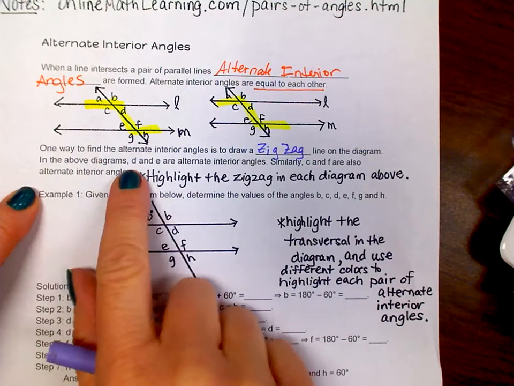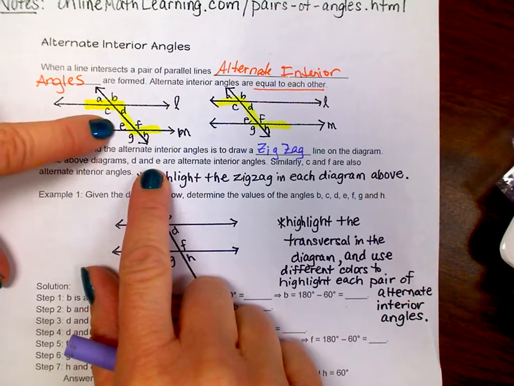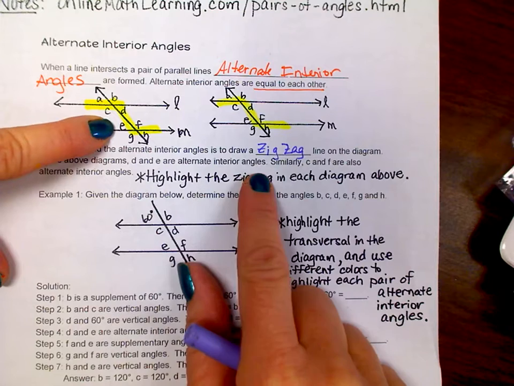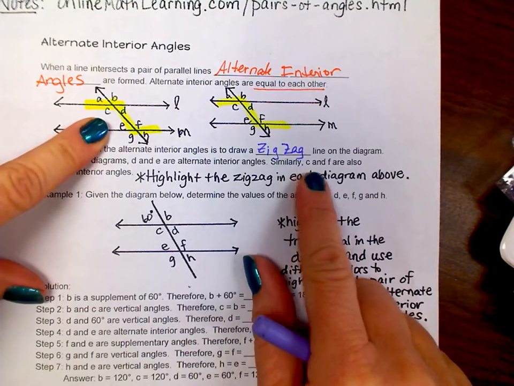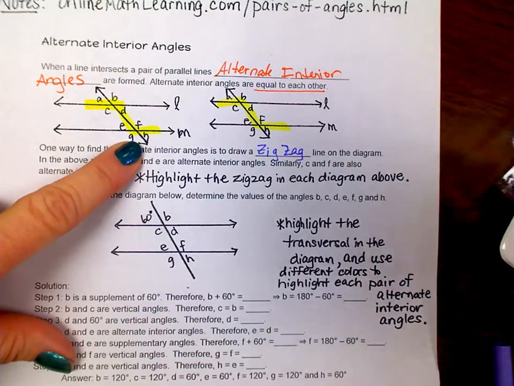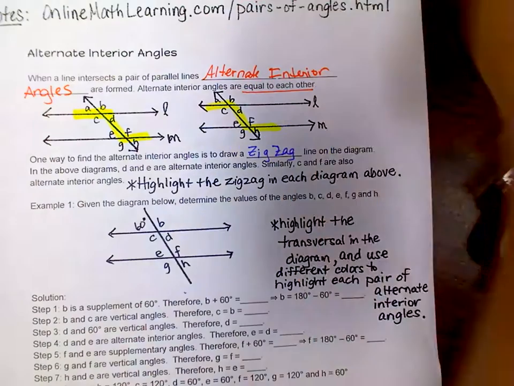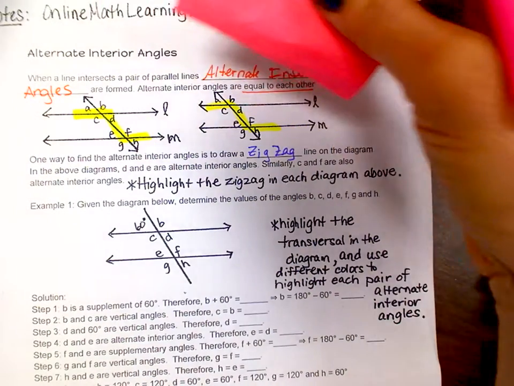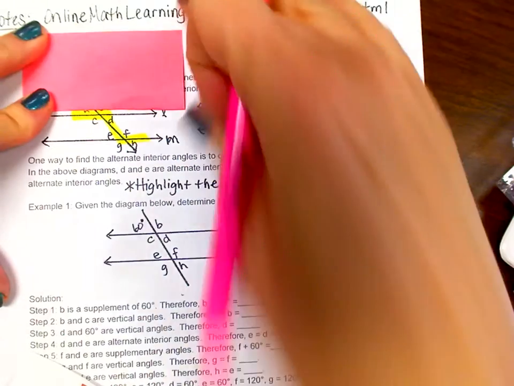In the above diagrams, D and E are alternate interior angles. Similarly, C and F are also. So I want to highlight those. When we do this, it's easier if we really focus on interior angles.